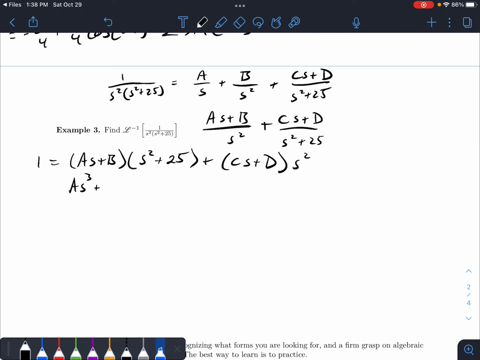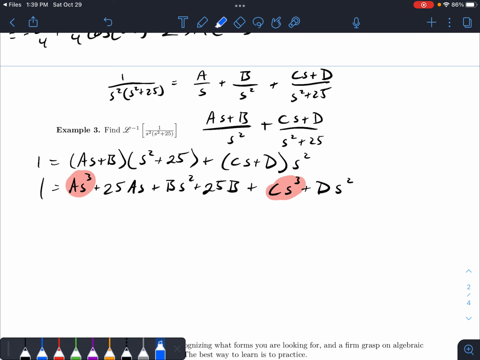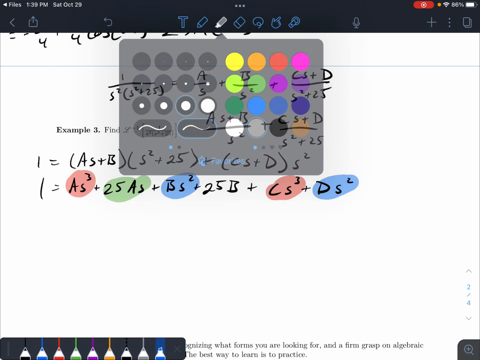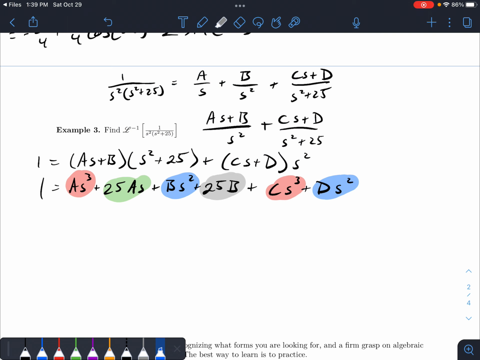So as cubed plus 25as plus bs squared plus 25b plus cs cubed plus ds squared. This all equals 1. All right, so s cubed terms here and here, s squared terms here and here, s terms just the 1, and constant term is just the 1.